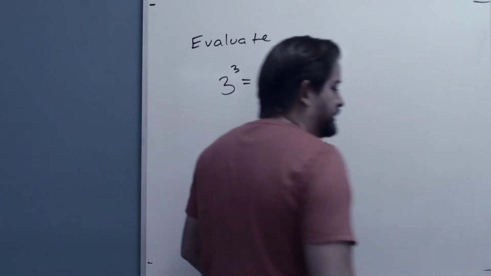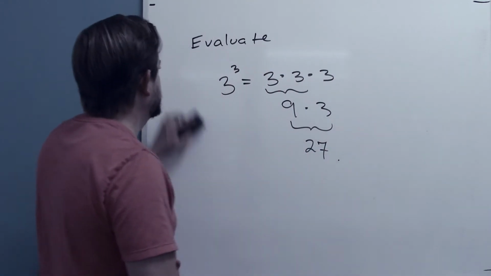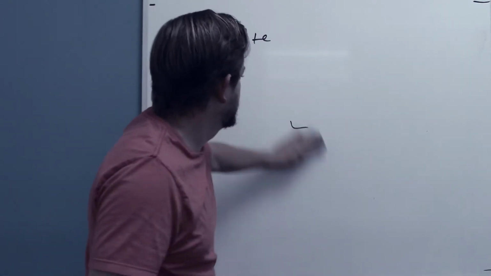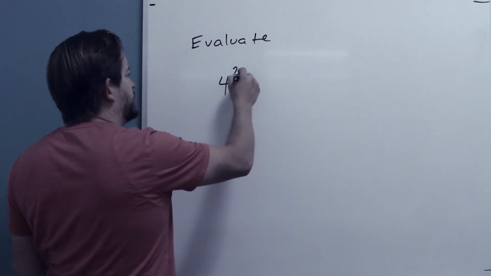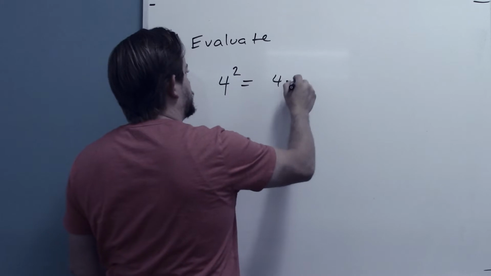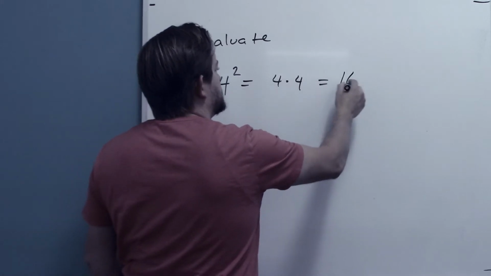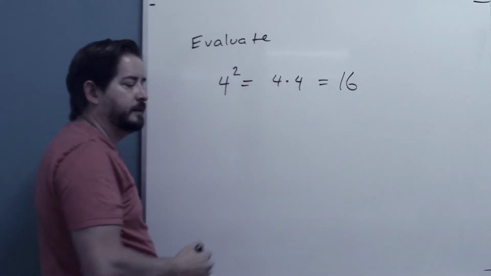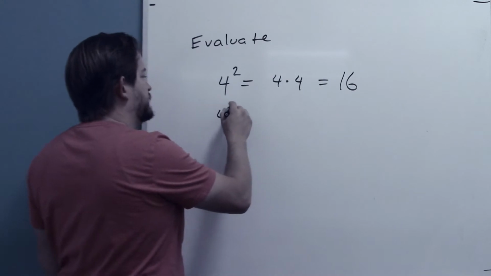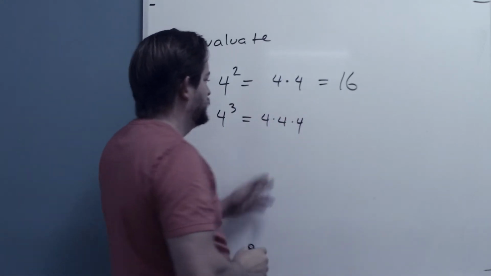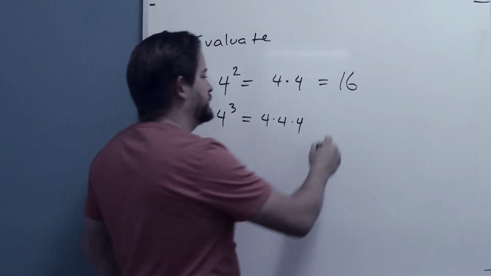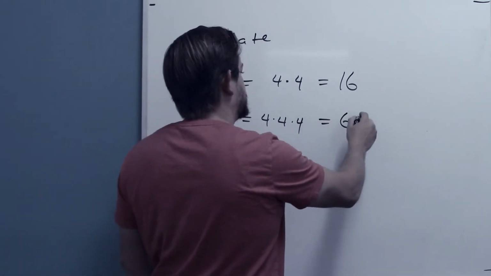Now these numbers get pretty big pretty quick. Right? Let's take a look at a few of these. If I have, say, 4 squared, that's just 4 times 4, which is 16. That's not too bad, right? 4 to the 3rd is 4 times 4 times 4, which is 16 times another 4, so that gives me 64, right?